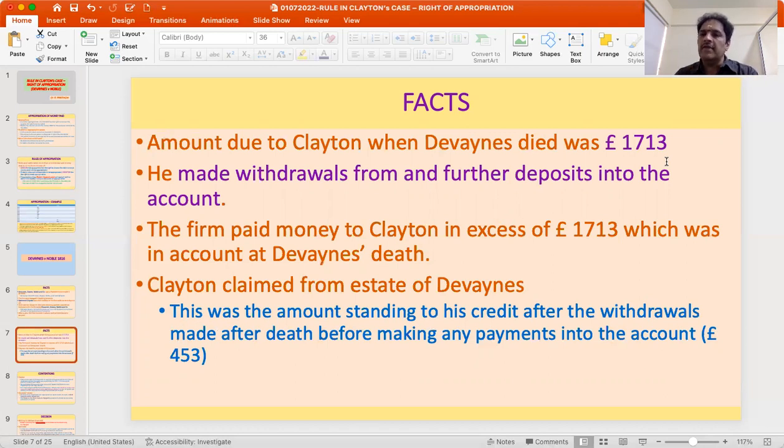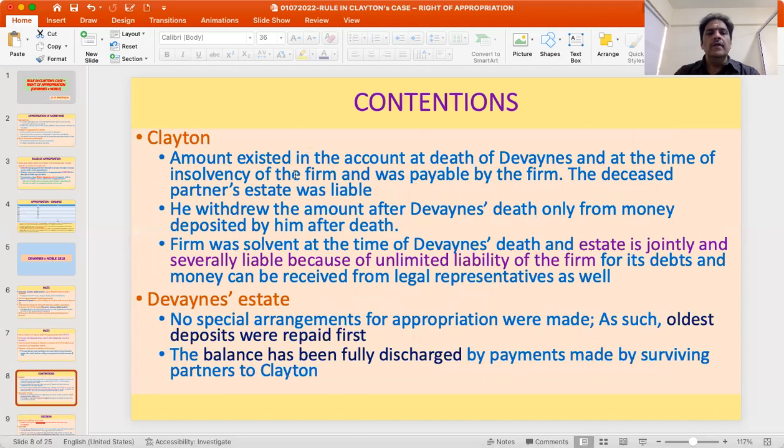So the monies that were paid, and the monies that were deposited and taken out: the amounts that were taken out were more than 1,713. Then deposits were also made. So Clayton demanded that he has to be paid out of the estate of Devines. The contention here was that the amount existed in the account at the death of Devines and at the time of insolvency of the firm.